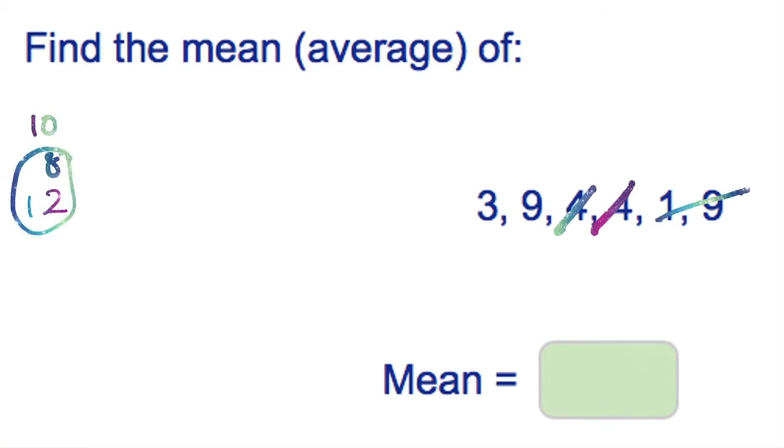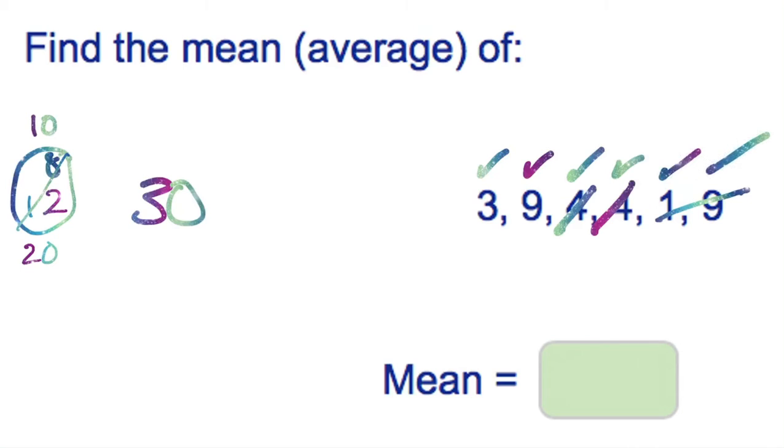Now this bit, 20 and 10, 30. So the total is 30. How many values are there altogether? 1, 2, 3, 4, 5, 6. Divided by 6 equals, how many 6's are in 30?